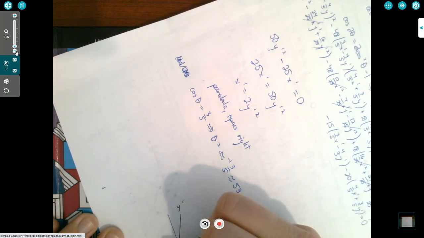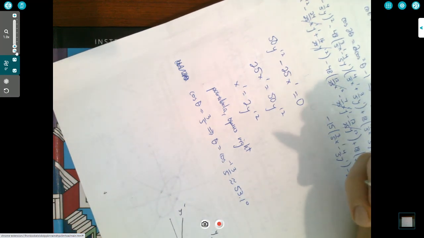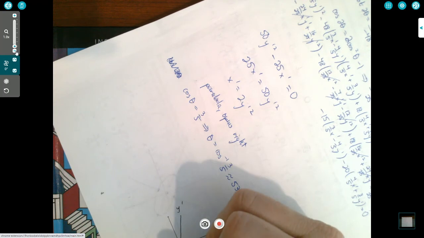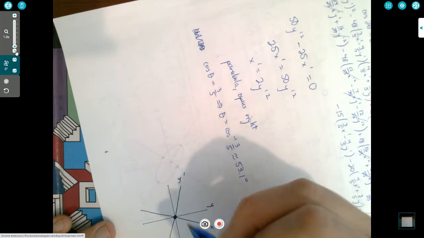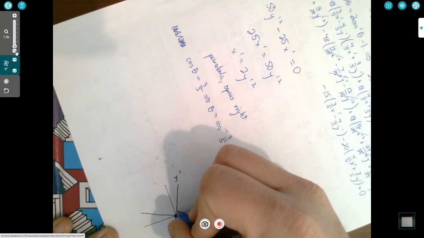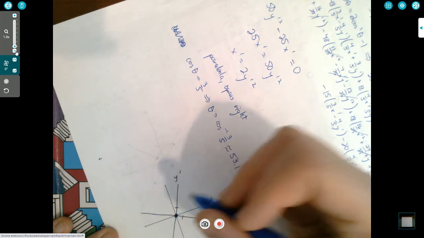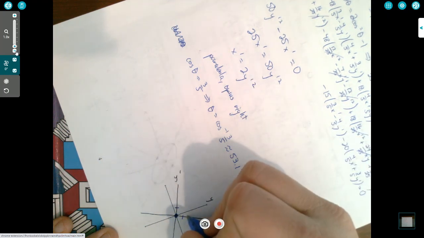Well, the vertex is 0, 0. Okay? And then this thing opens right. So now normally we would go over 1, up 1. But because this thing is being doubled, we're going to go over 1 and up 2, right? Is that right? If I plug in y equals 1, I get x equals 2.